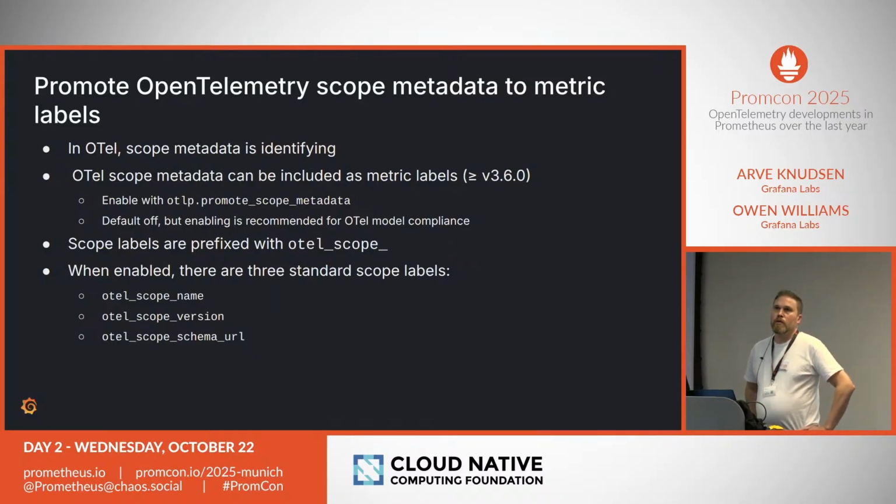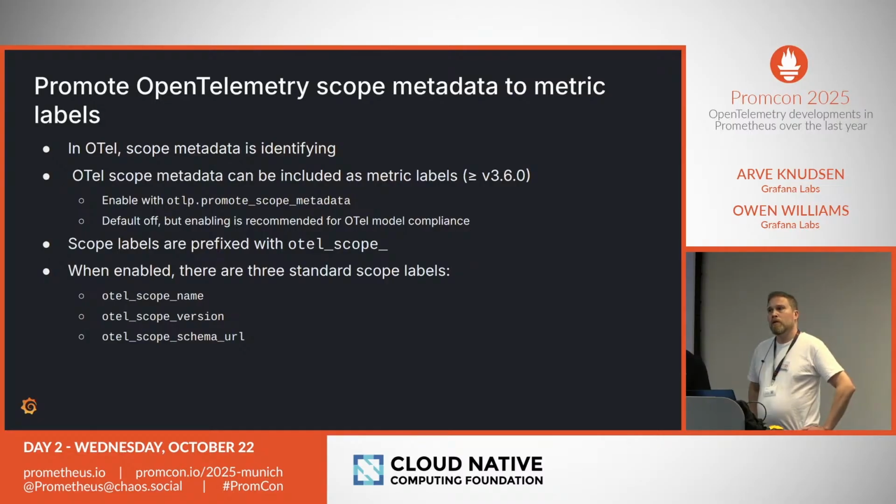So we added this functionality to Prometheus, but it is disabled by default for backwards compatibility, even though it is recommended to enable through the config parameter otlp.promote_scope_metadata. When OTLP scope metadata attributes are promoted to labels, these labels have the prefix otel_scope_.